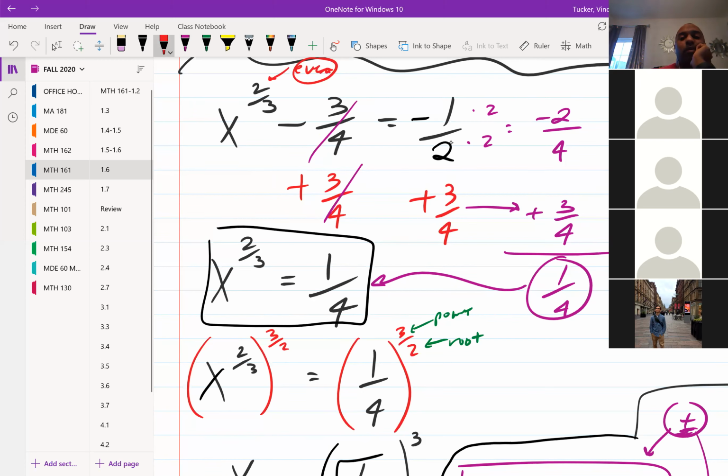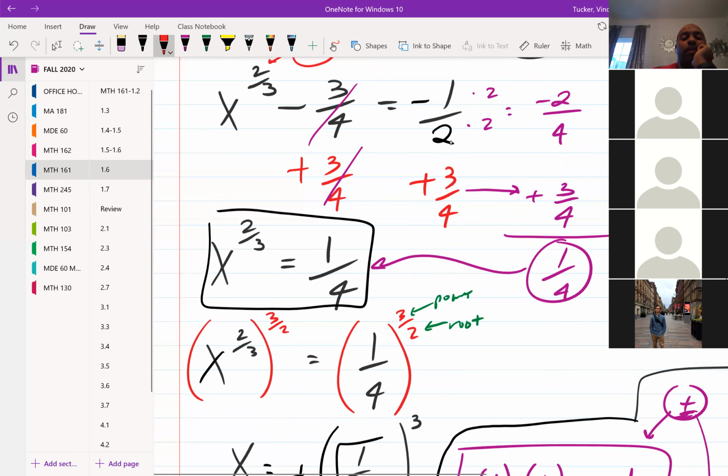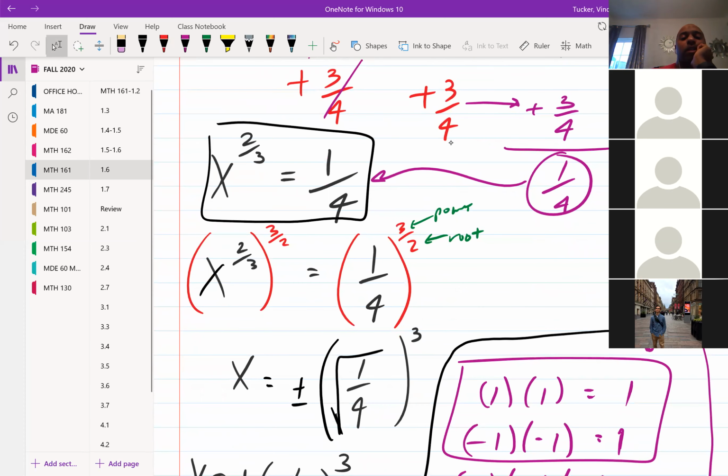All right. So the left side cancels out to just give us x. And on the right side, I have plus or minus. Remember, we already knew that we were going to do that. And the denominator is 2, so we do the square root of 1/4 raised to the 3rd power.